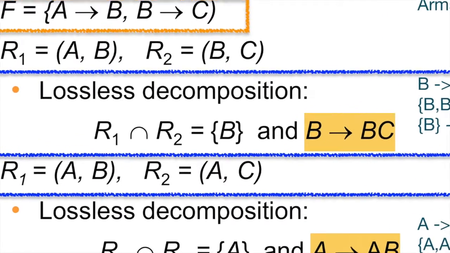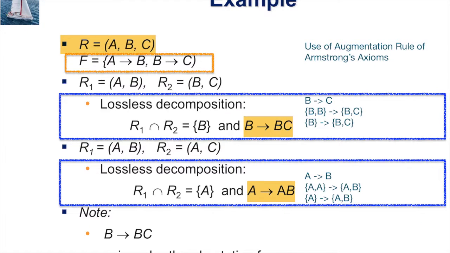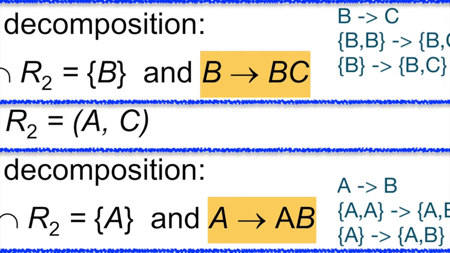In this case, we have a common attribute B. In this example, it is a lossless decomposition because there is a functional dependency from B to BC.